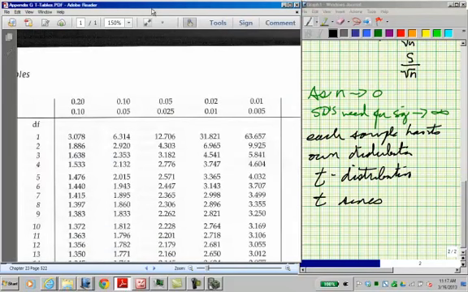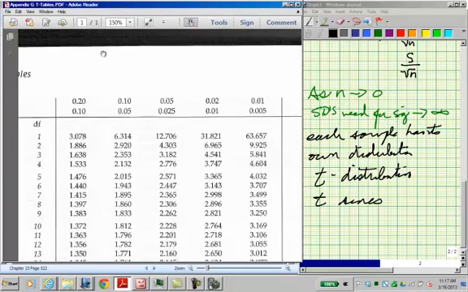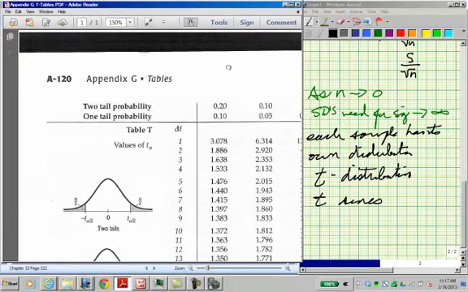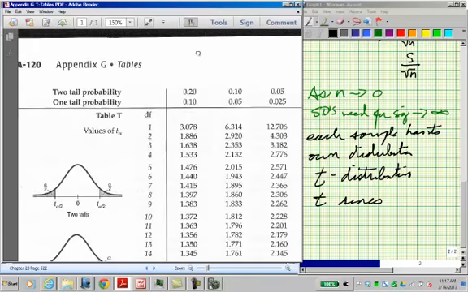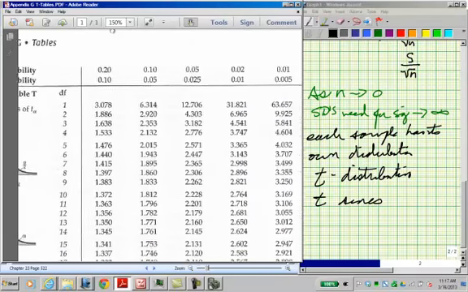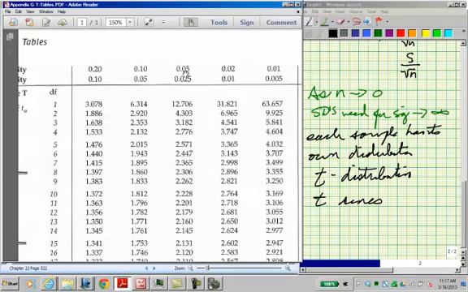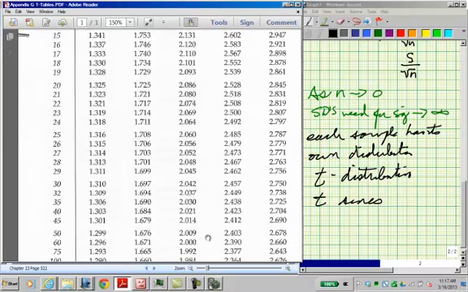Now here's this page. I believe this is Appendix G in your table, and this is the t distribution. Let's go to the bottom first.